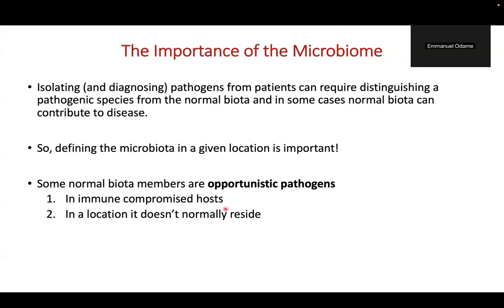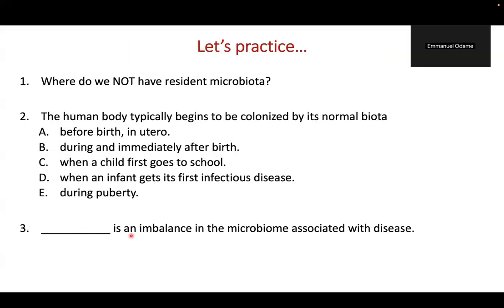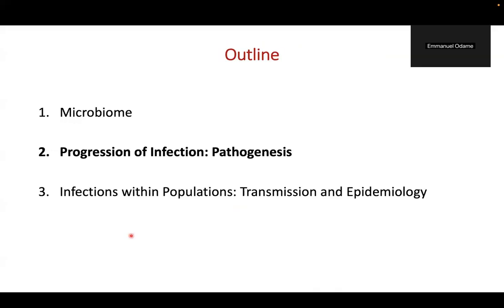They don't actually cause the immunocompromised situation, but once your immune system is compromised, they take that opportunity to cause more harm. And also, some of them might move from where they originated and go and reside in abnormal places where they are not supposed to be and cause more problems. So try and practice this. We also discuss this in class.